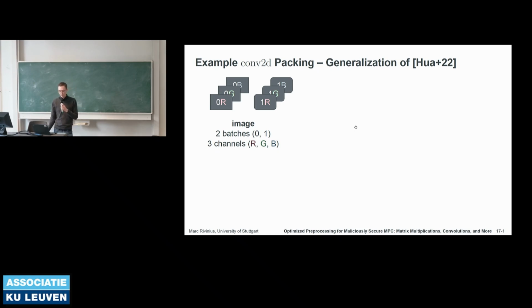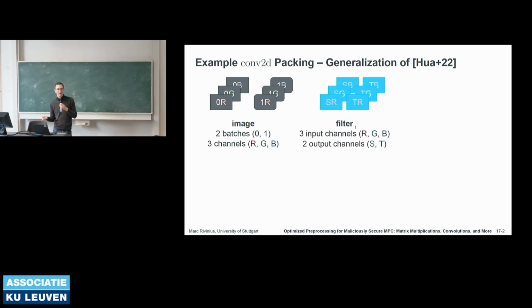What we did is, if you have a more complicated so-called conv2D, which is not just a 2D convolution, but a sum of multiple 2D convolutions, where you can have multiple batches of images with different channels, then a lot of different filters with some number of channels that matches the input image and some number of channels that matches how many output images you want.